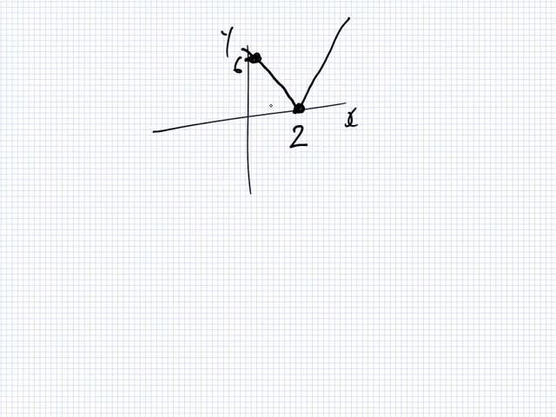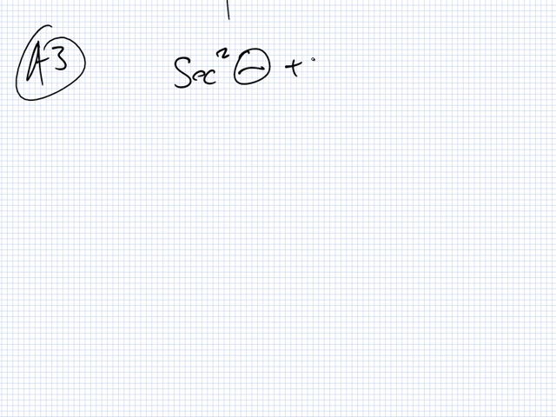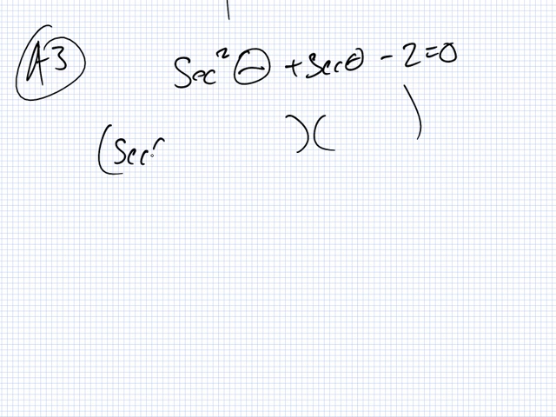Question 3. Solve the equation secant squared theta plus secant theta minus 2 equals 0. Right, so this is a quadratic: secant theta plus 2, secant theta minus 1 equals 0.